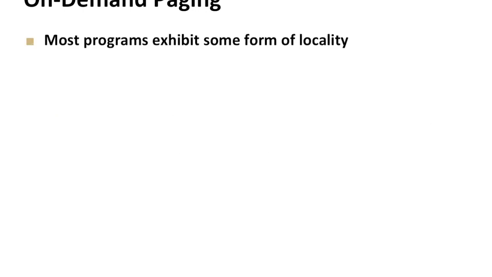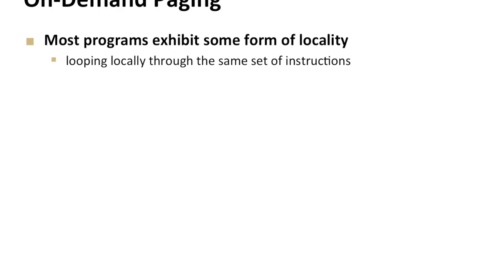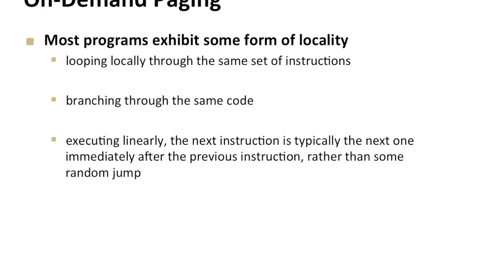So here's what we can do. We can think about how this locality works. Normally, we're going to be looping through the same instructions, processing things, but every once in a while, we're going to branch, maybe to another section of the code. Or maybe we'll call a function in another part of the code.